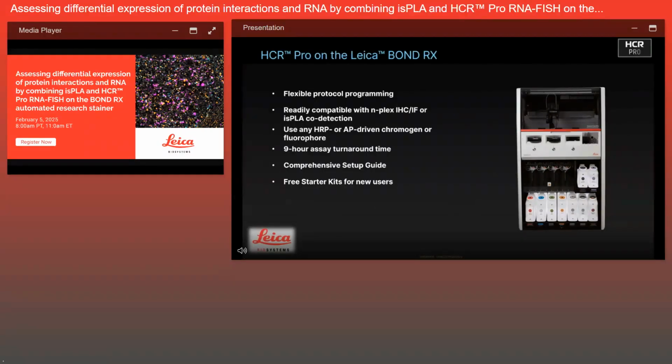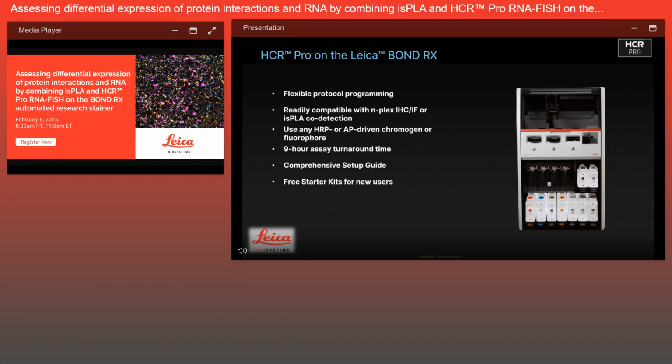So using HCR Pro on the Bond, there's flexible protocol programming. They will come preloaded, but you can also adjust parameters as needed. The process is readily compatible with N-plex IHC or IF or ISPLA co-detection with DaVinci. You can use any HRP or AP-driven chromogen or fluorophore. What's nice is that, again, it's the same kit.